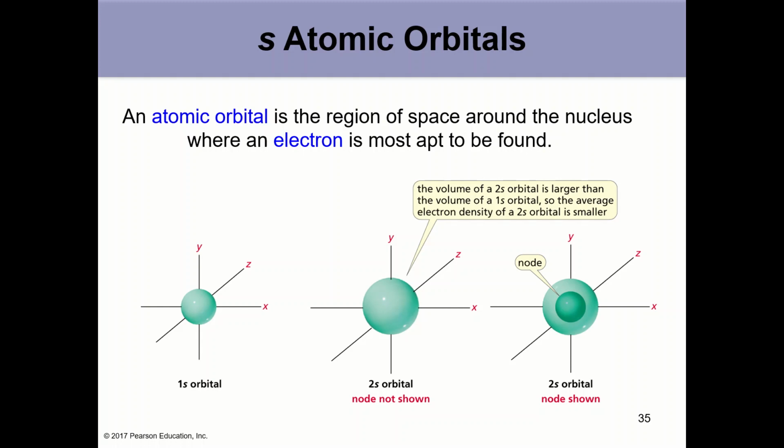And the 1s orbital is going to be at the center with the 2s orbital surrounding it, and the 3s orbital on the outside of that, and the 4s orbital on the outside of that. These orbitals are spherical, and the space between the orbitals is a node where there is 0% chance of electron density.